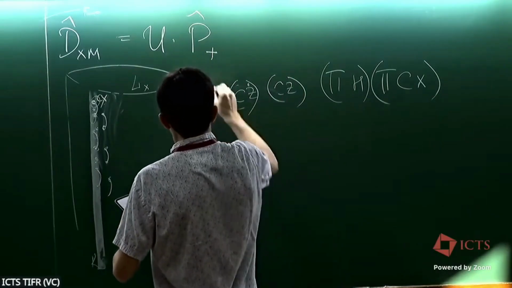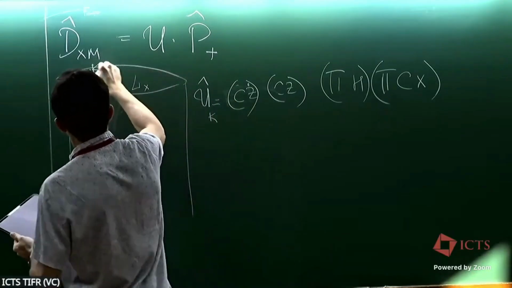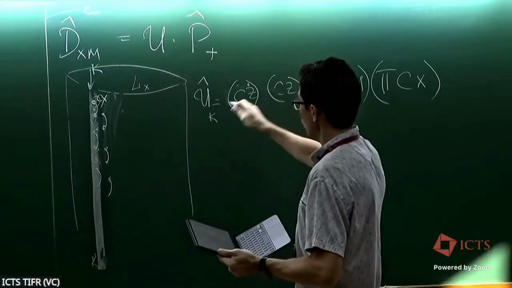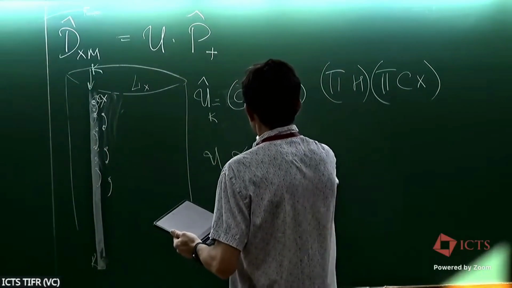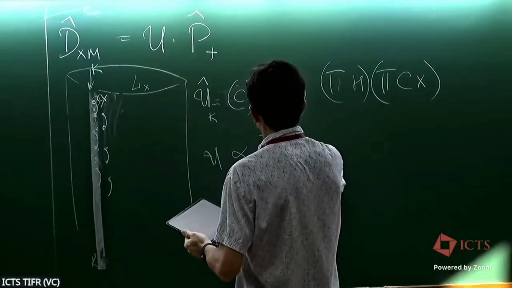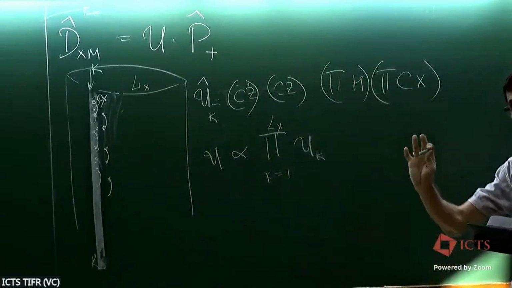This would only be in a given row K, and then the full U would be proportional to a product over K going from 1 to Lx of U sub K. And I'm sweeping a lot of details under the rug.